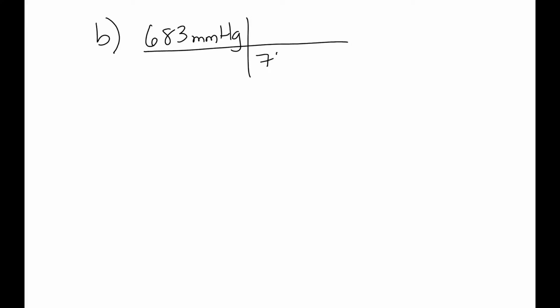Okay, so we did 2A, now let's do 2B. We start out with 683 millimeters of mercury. And so we're doing 760 millimeters of mercury, 101.3 kPa, and we get 91.0 kPa.